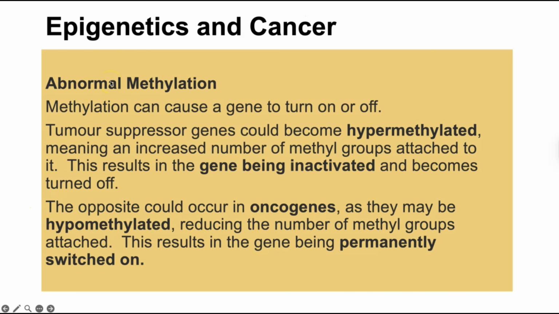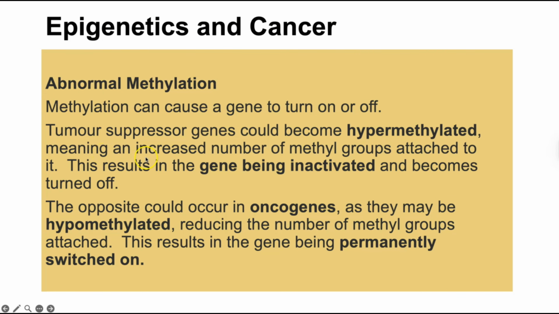So if you have abnormal methylation, which links back to epigenetics, that means that this methylation could result in a gene being inactivated. And if it's the tumour suppressor gene becoming hypermethylated, meaning lots of methyl groups are binding to that DNA, that's going to cause it to tightly coil.